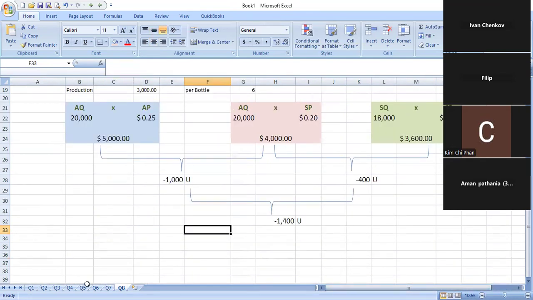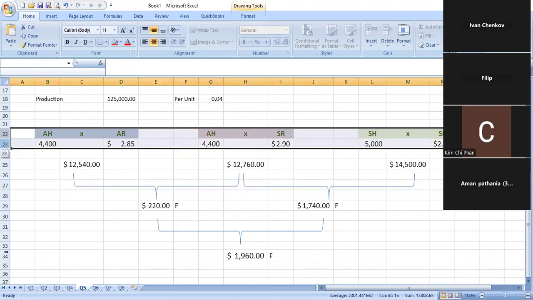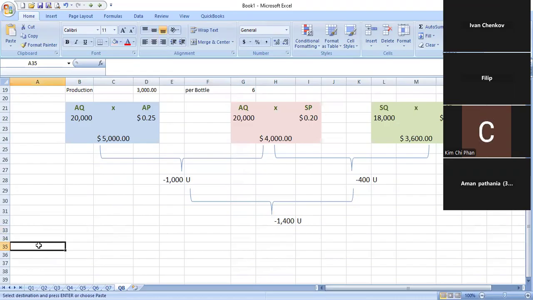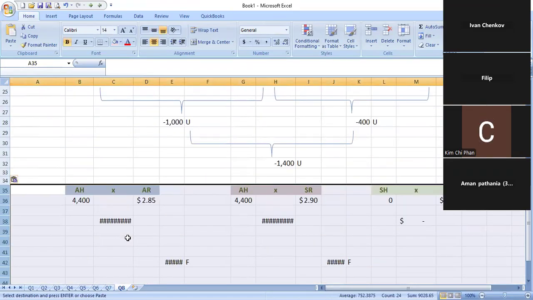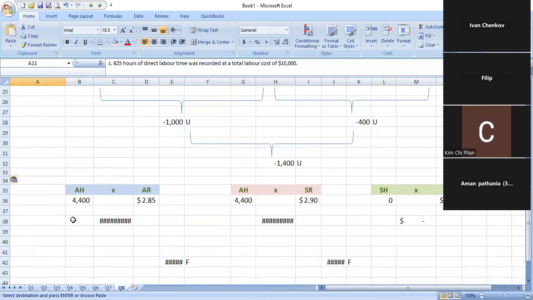What's happening with labor? For the labor, I'm gonna steal this calculation here and I'm gonna flip it. How many actual hours do these people work? 625 hours.